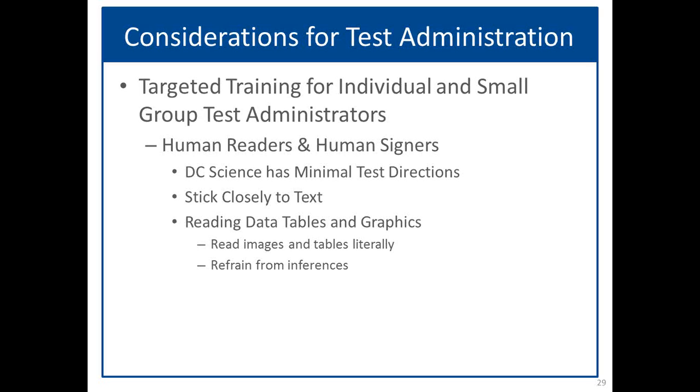And then finally, human readers as an accommodation will need to read data tables and graphics. In doing so, it's important that they know and get some practice reading images and tables literally, and that they refrain from inferences when reading tables and graphics.